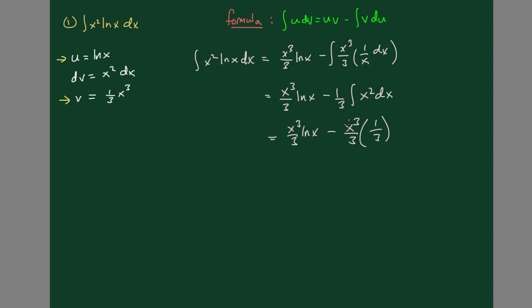So this is going to give me x cubed over 9. So let me just go ahead and write that. So this is going to be x cubed over 9. And this is our answer for the first problem. Of course, let's not forget the plus c, plus a constant. So this is our answer.